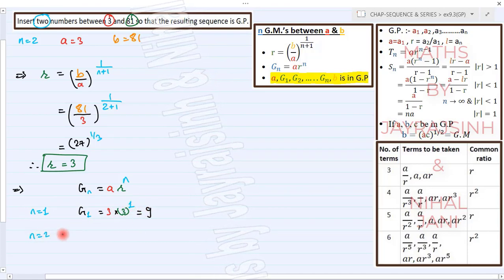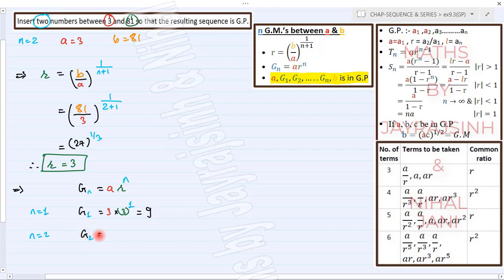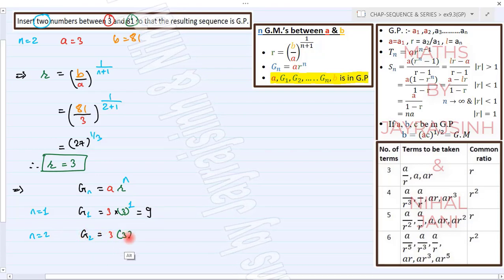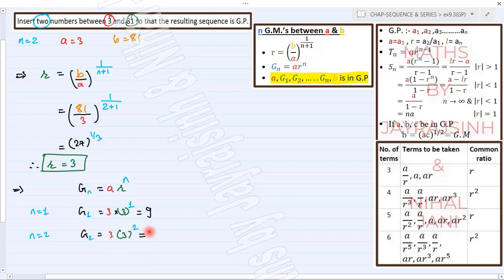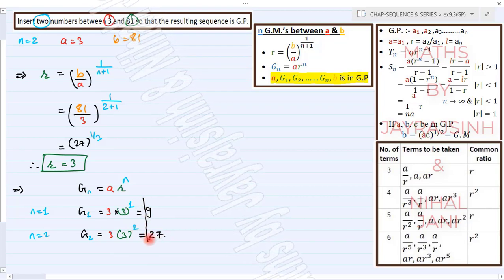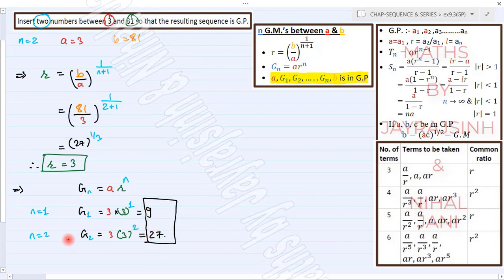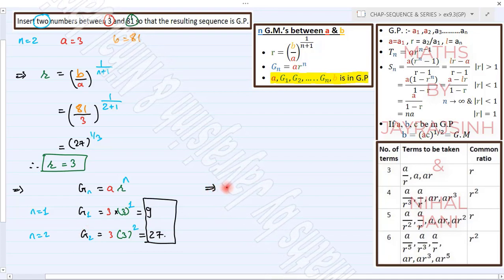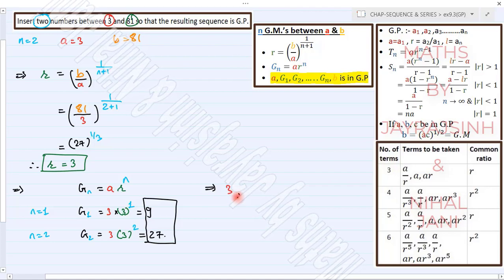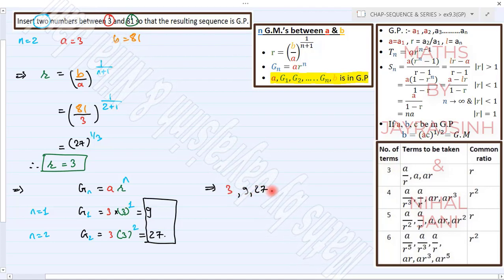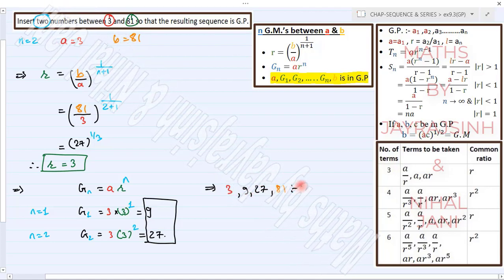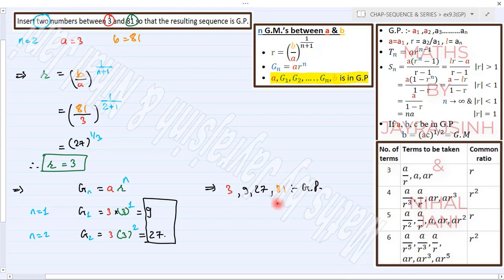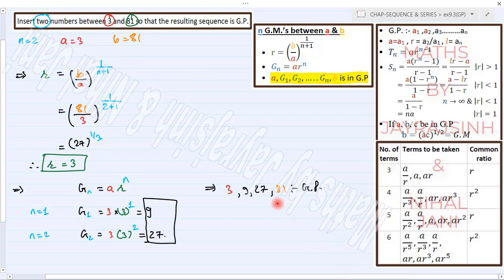Then for n equal to 2, you will get 3 into 3 square, or we can say 27. So we get our required numbers. Or we can say if we insert these two numbers, then 3, 9, 27 and 81 will become a GP. Tada!